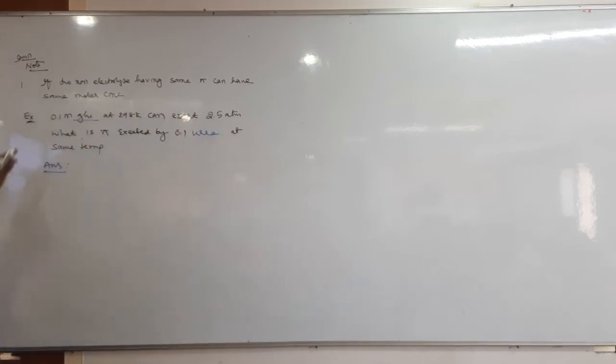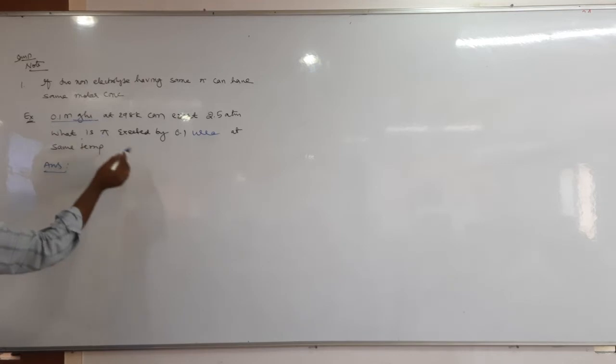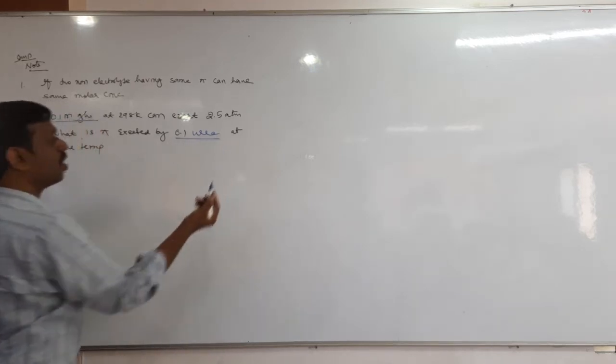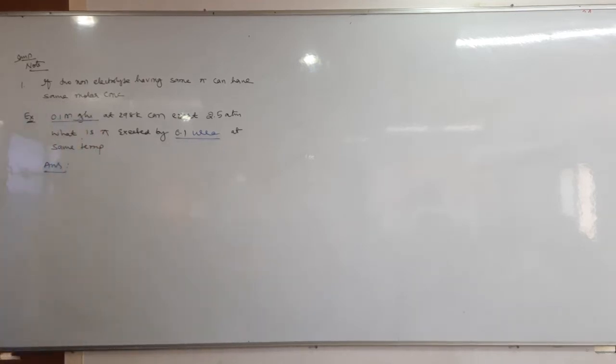So 0.1 molar glucose and 0.1 molar urea, both are non-electrolytes. If they have the same molar concentration, they must have the same osmotic pressure. But the condition is the same temperature. Temperature must be constant. Therefore, the answer is 2.5 atm.